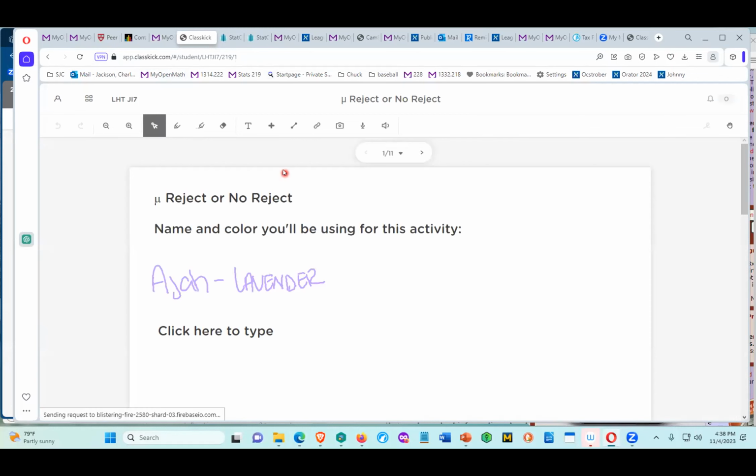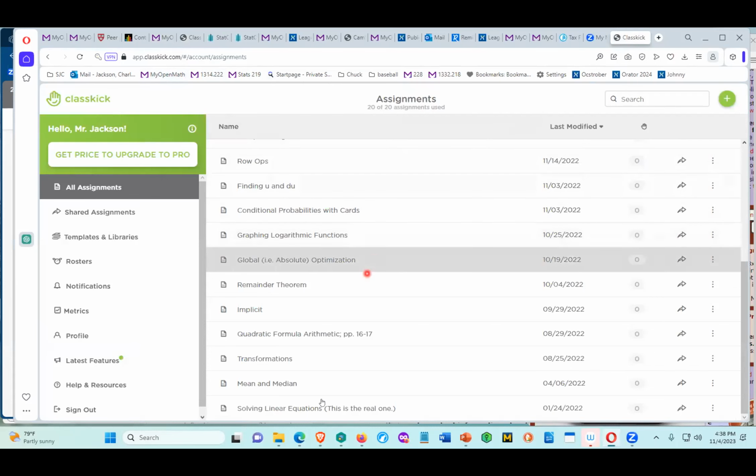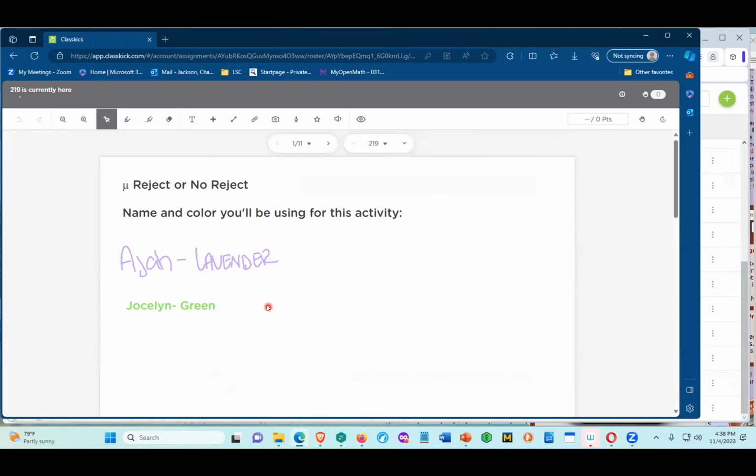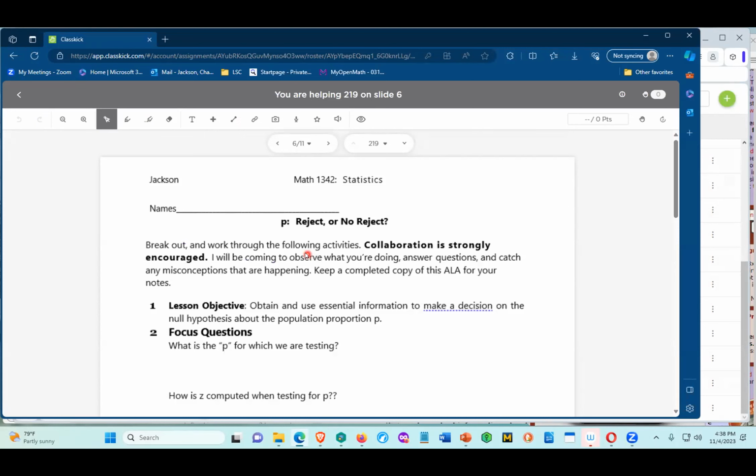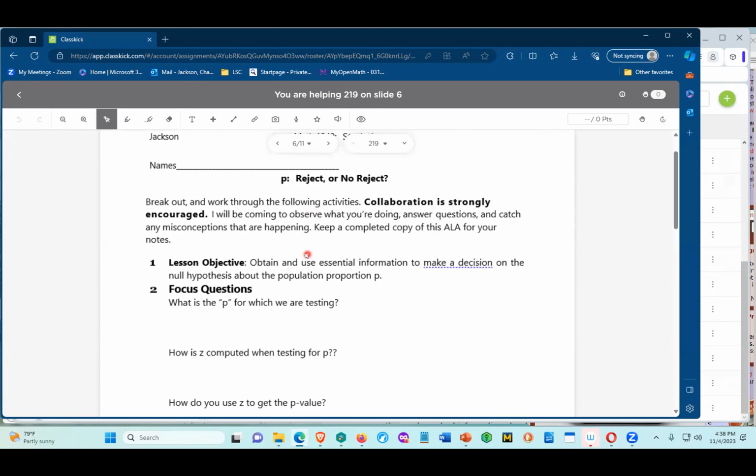So now we've been talking about p. There's no reason why we can't start in the middle with p reject or no reject, since we're thinking about p, and then we can go back and get mu.